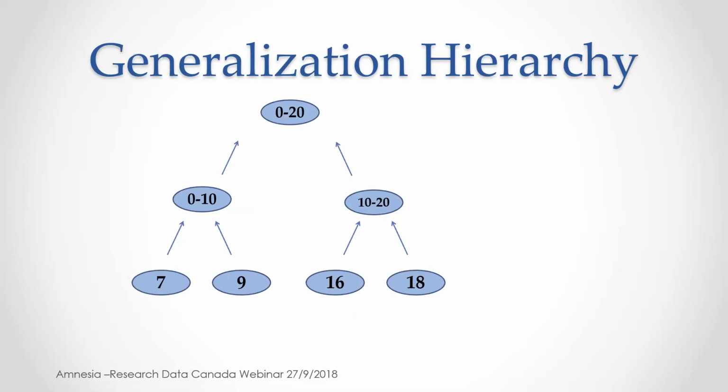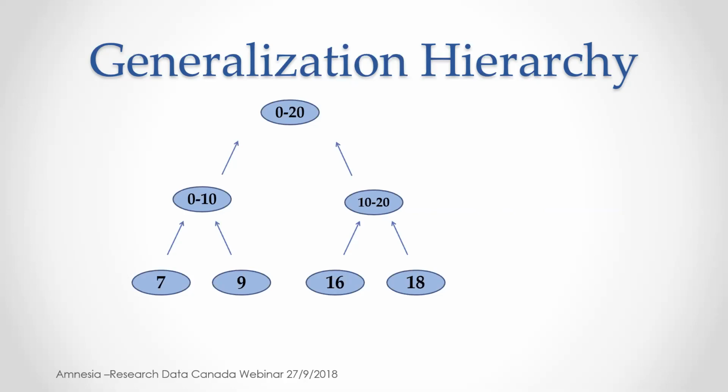This is the work that Kristi described previously, that she had to do manually, the creating of the groups that replace the original data. And if you do it manually, you have a lot of variables. It's a very complicated task. But Amnesia can automate this for you.